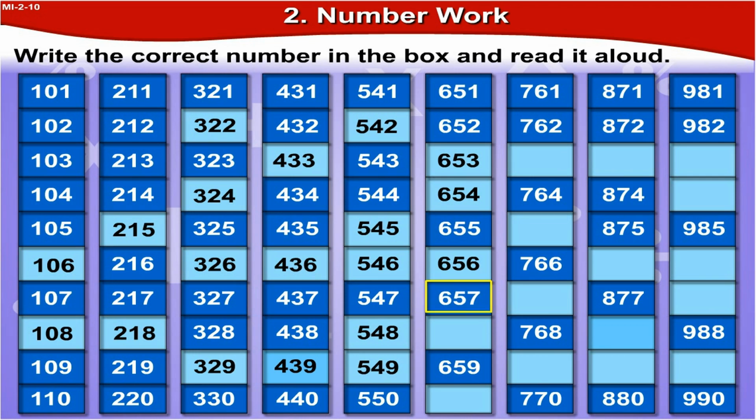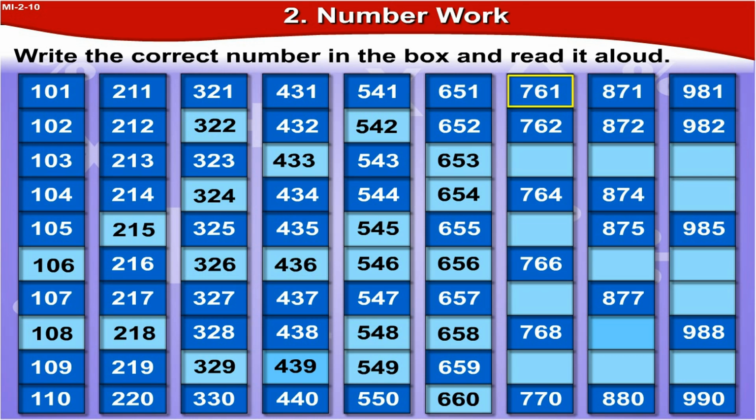Then 657. The next would be a box. Well, after 657, we have 658. So we will write 658. Now we have 659 and then again a box. After 659, we have 700, which is 700. So we will write that in the box.